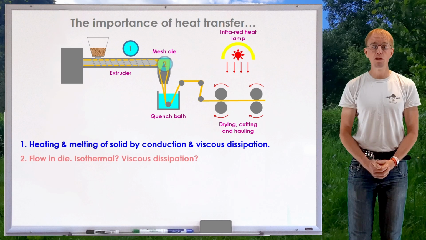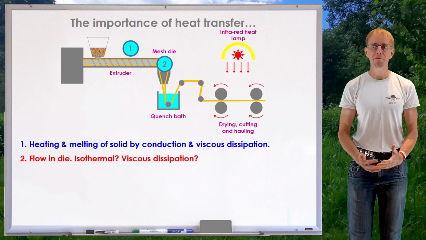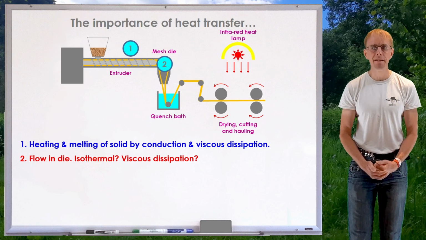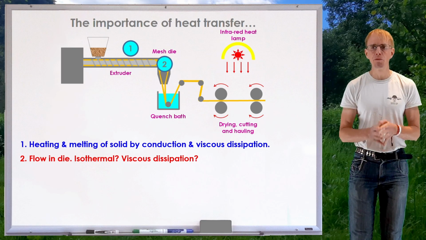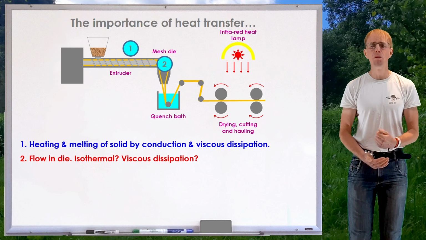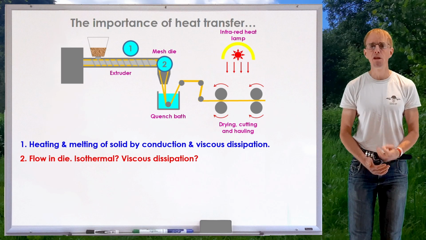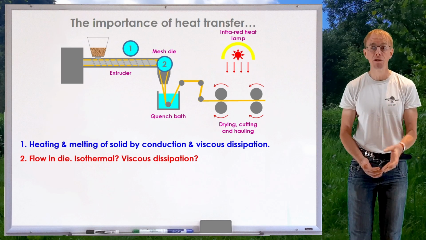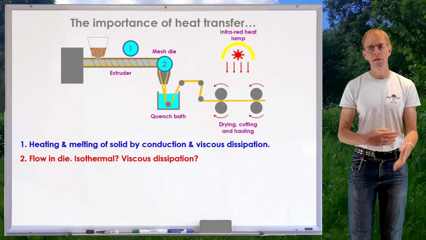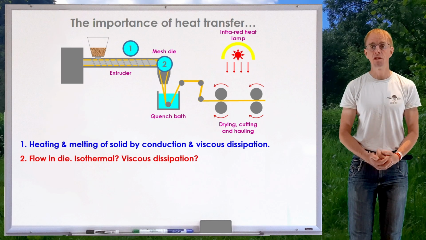Let's move on to the extrusion die. Now, perhaps the flow in the die is isothermal. Well, if the die has got lots of small detail in it, lots of small flow paths, then there's probably going to be quite a high volumetric flow rate or a high flow velocity in these areas, which infers a high shear rate. And again, we come back to the whole question of internal friction and viscous dissipation.